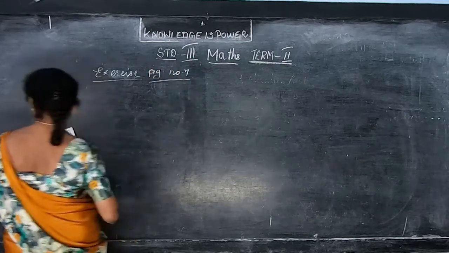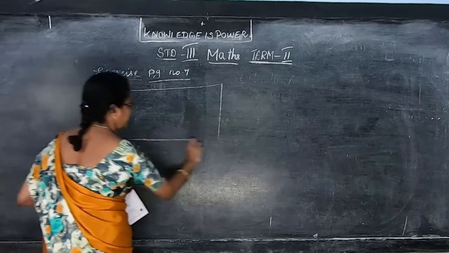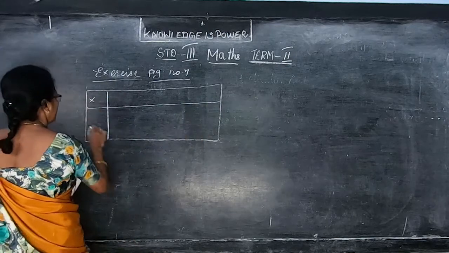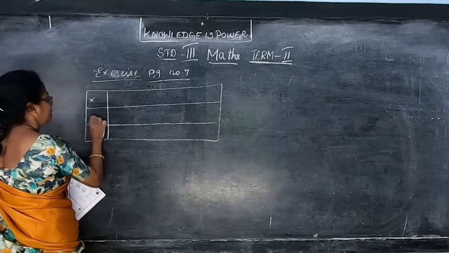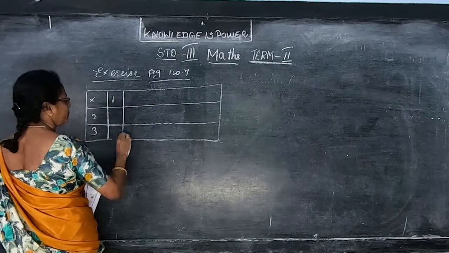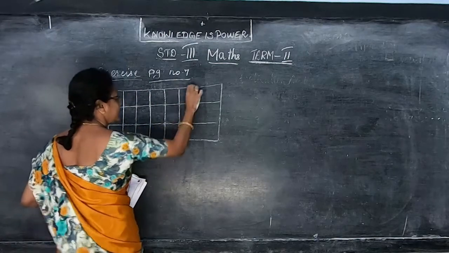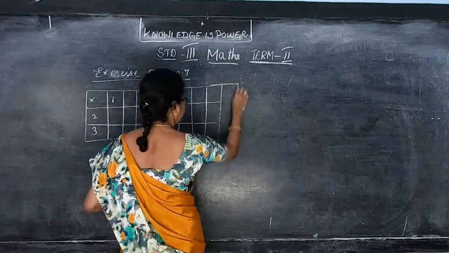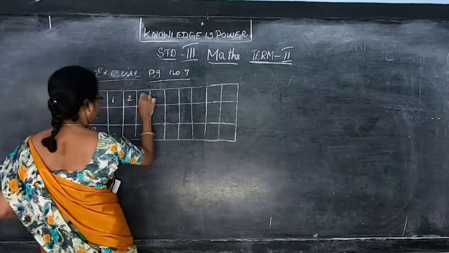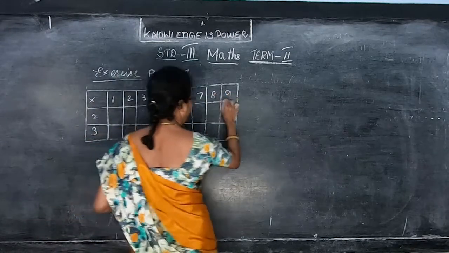So here they are given the 2 tables and the 3 tables together. So here you have to multiply the box, and here this is the 2 tables, and here this will be the 3 tables. So they can write 1, 2, 3, 6, 7, 8. 10 only they are given. 3, 4, 6, 7, 8, 9.